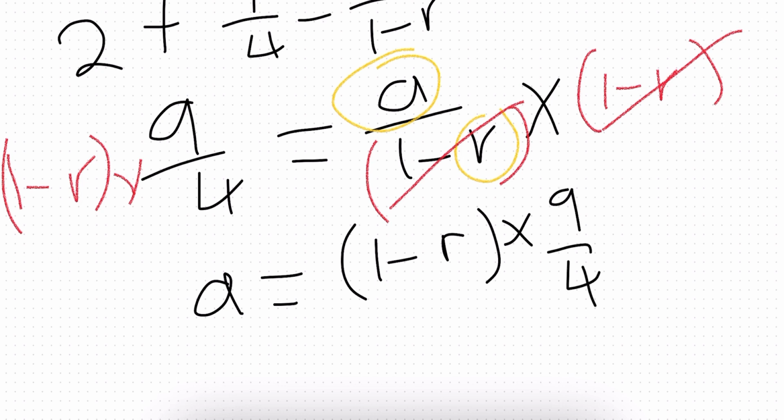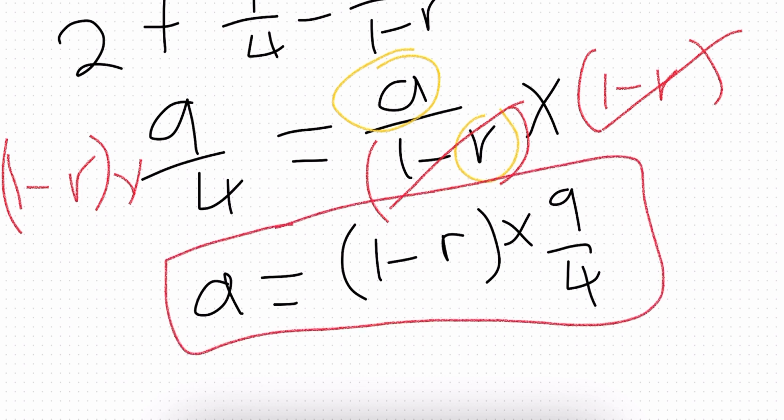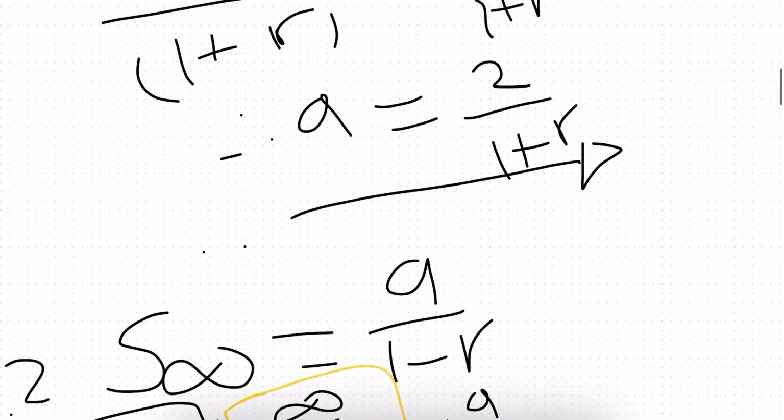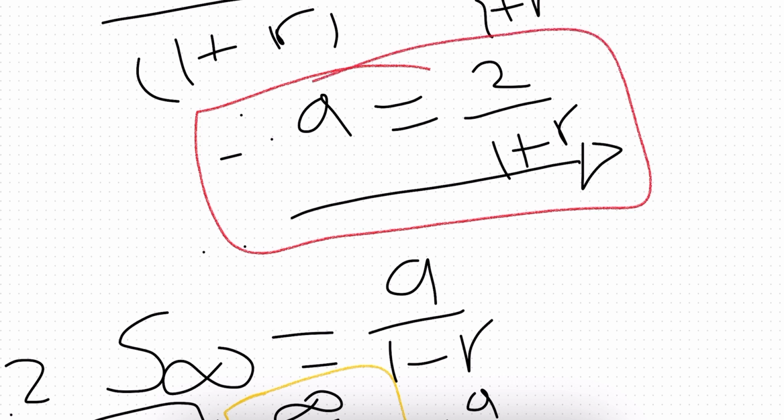But do not forget that in the equation above, you have an expression for a, which is this one. So you can take this expression and equate it to the other, because they're both equal to a.